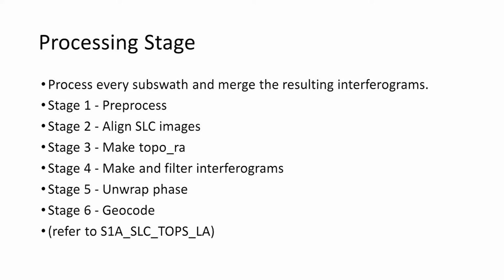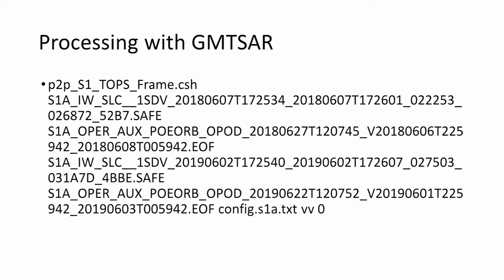Basically, this project aims to process every subswath and merge all the resulting interferograms. This is the command line that I use, where I just changed the file names, and this is the configuration file.